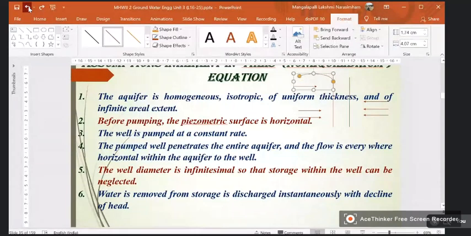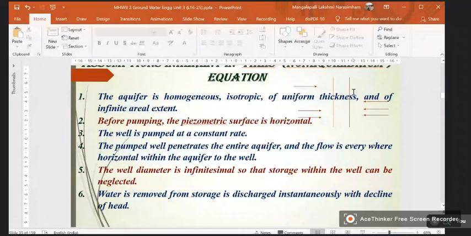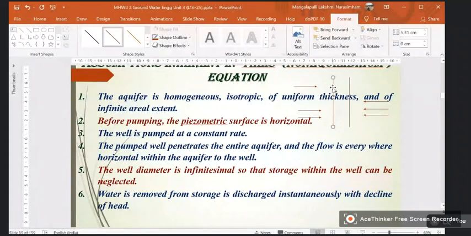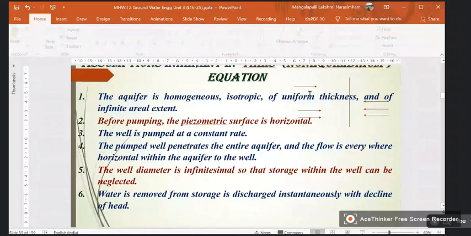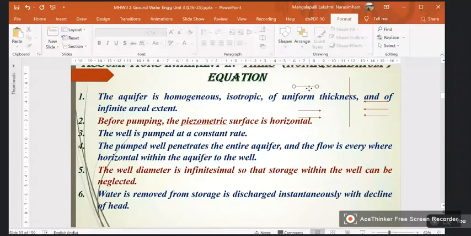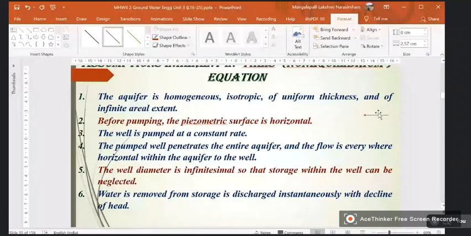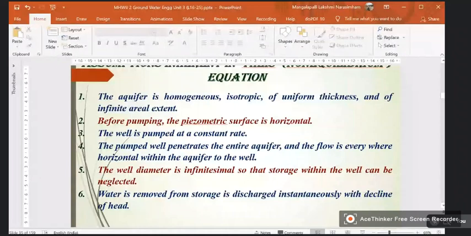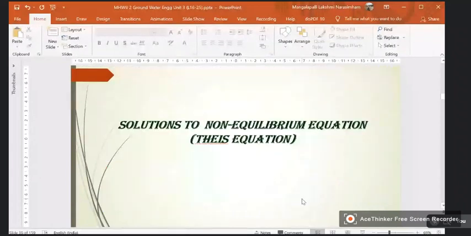Now, with these assumptions, we will proceed to the solution to the non-equilibrium equation.